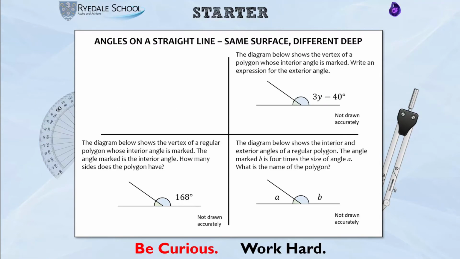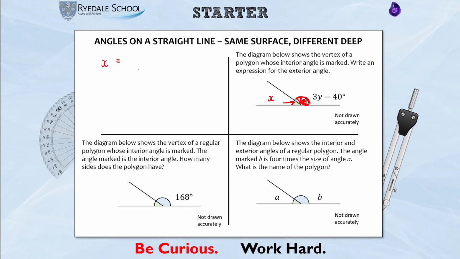22.5. Moving on to the question in the top right corner, it says the diagram below shows the vertex of a polygon whose interior angle is marked. Write an expression for the exterior angle. So what you need to imagine here is this is the corner or the vertex inside some polygon, and this green part represents the exterior angle. Now we know that an interior angle and an exterior angle add up to 180. So let me call this x.